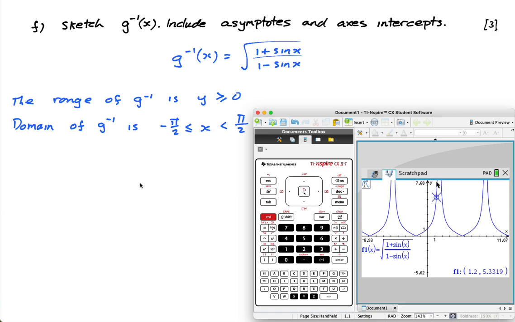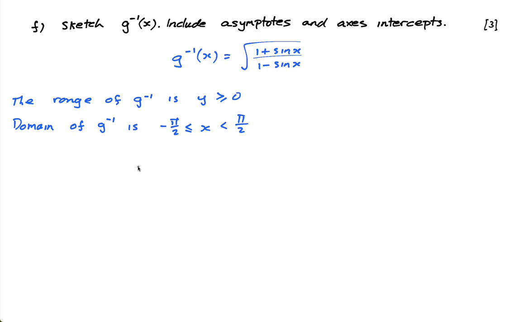So let's just draw some axes first, guys, something like this. Now we're going to draw a line at pi over 2. So this is x equals pi over 2, and this is going to be an asymptote. And here, this is at negative pi over 2. So at negative pi over 2, we have a 0.